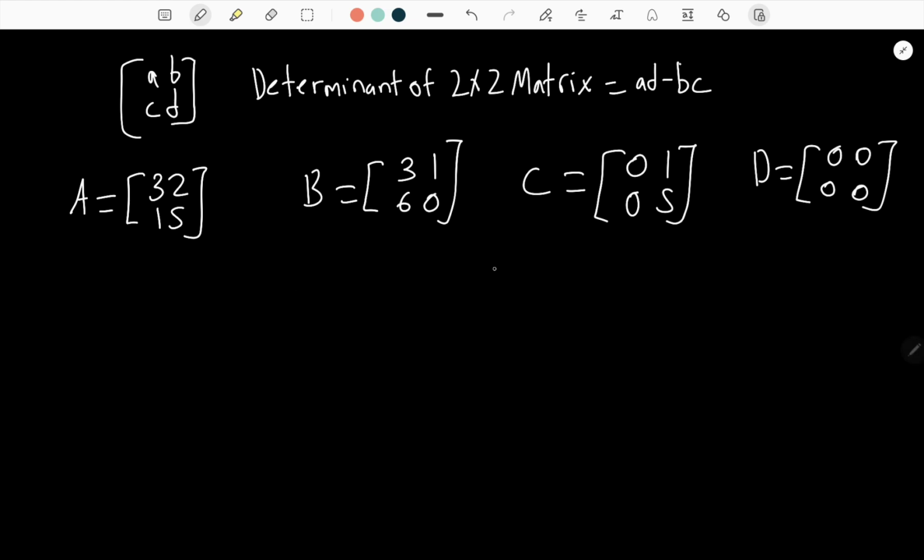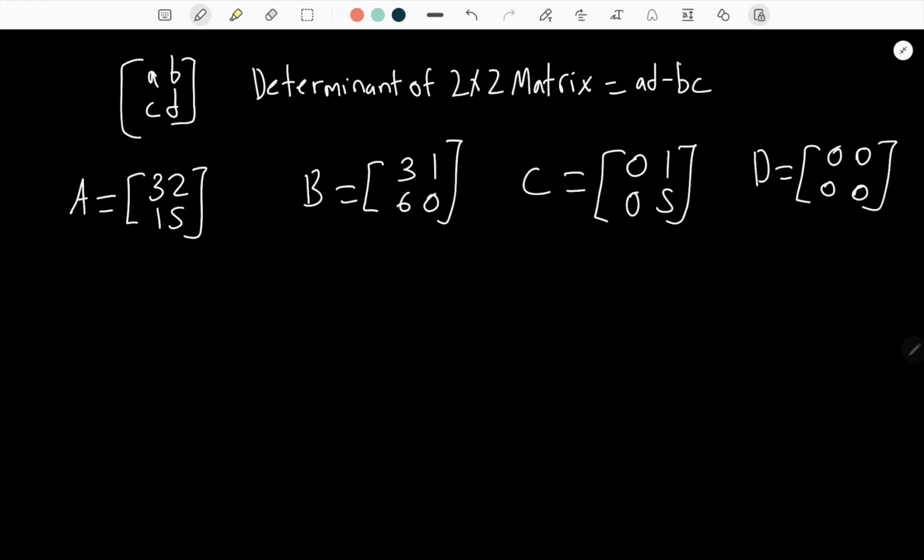Moving on to C, it is 0 times 5 minus 1 times 0, which is 0. So here the determinant is 0. And for the last one, D is a 0 matrix, and the determinant of any 0 matrix is obviously 0.